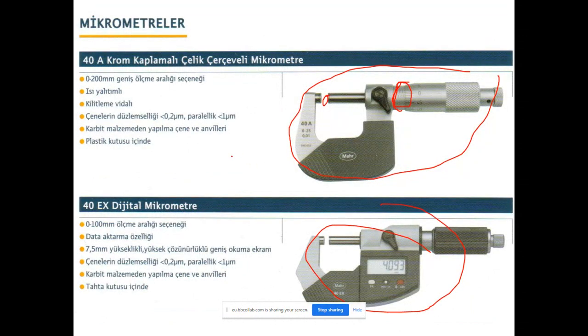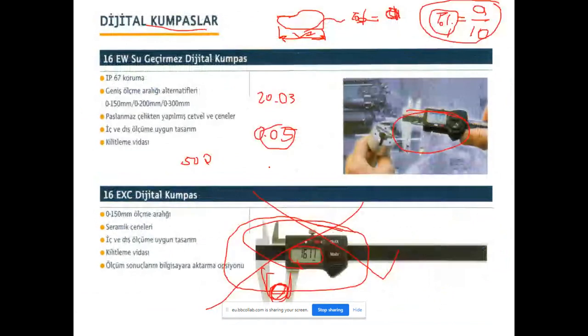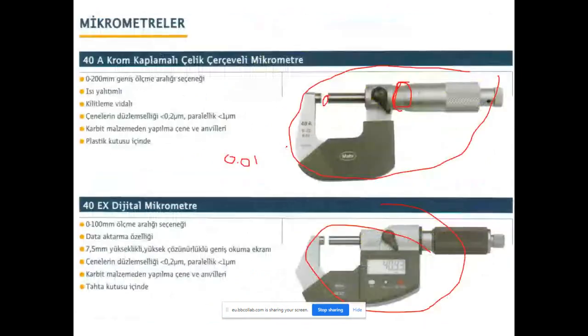What is the minimum distance that can be measured using a micrometer? One hundredth of 1 millimeter, 0.01. For a vernier caliper, 0.05 is the minimum distance that can be measured. The micrometer is an expensive instrument, in the order of a few thousand lira, with minimum distance 0.01.